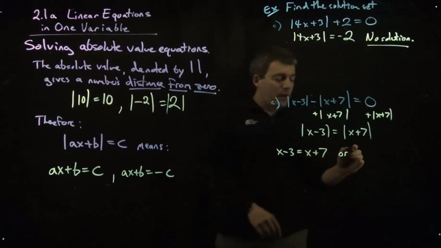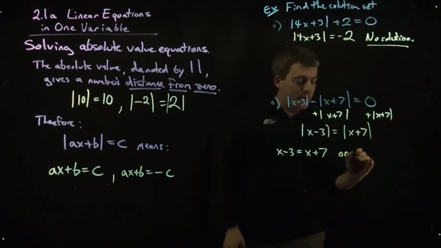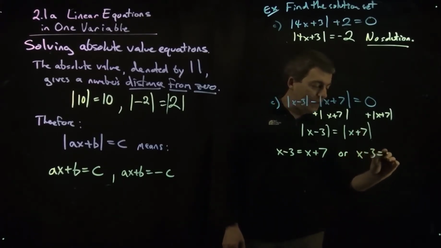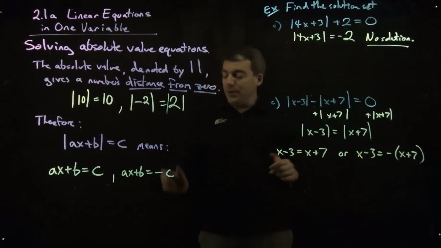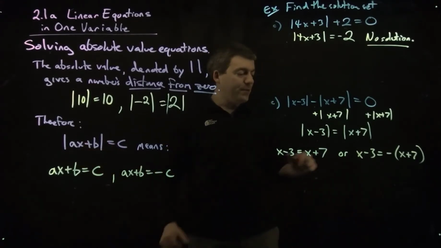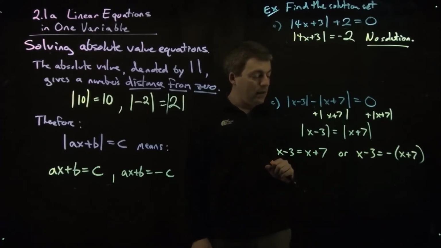So we just need to choose one of them and take its opposite. Doesn't matter which one. So x minus 3 equals the opposite of x plus 7. Very similar to how we handle a single absolute value, we just drop the bars and then change the sign on one side.